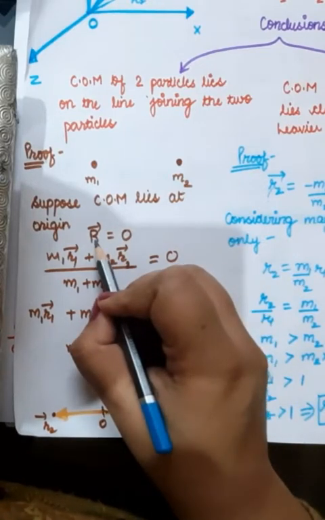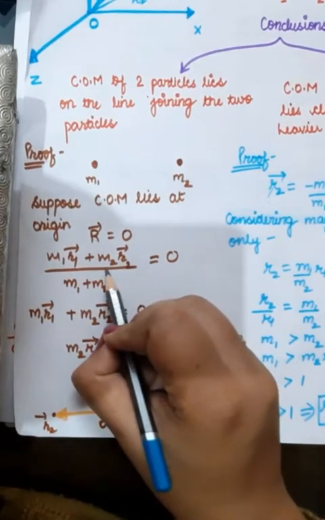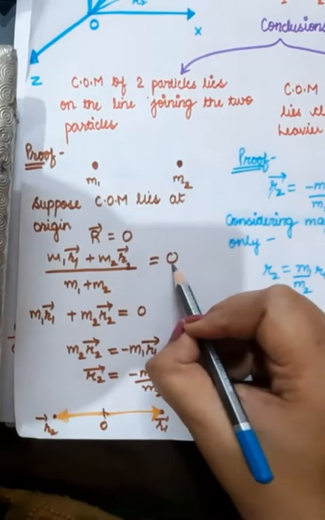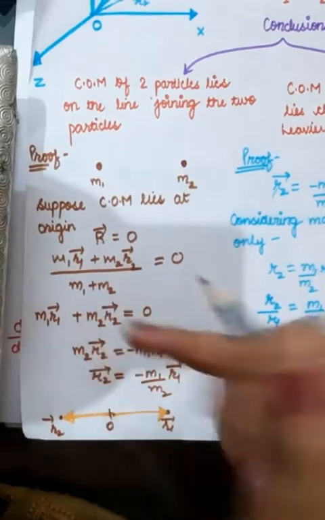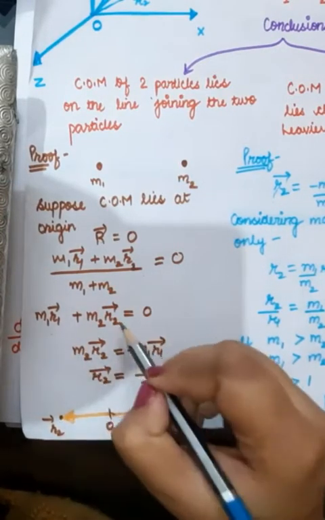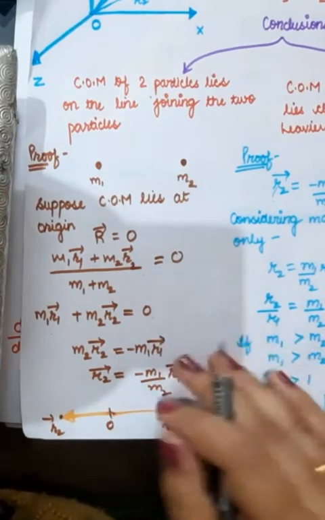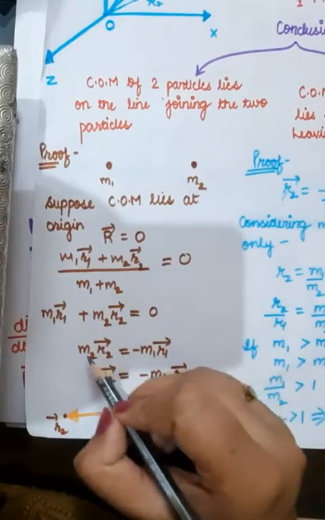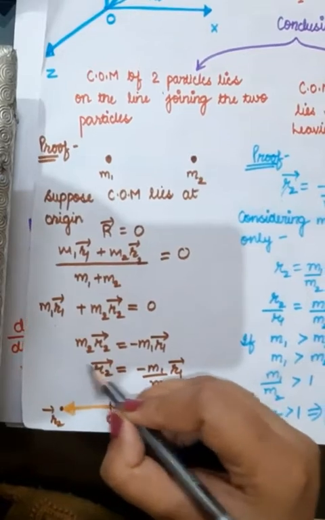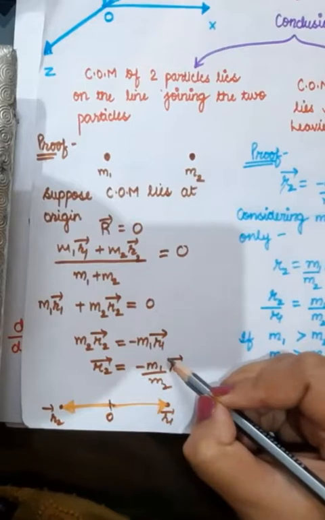Now what's the value of R vector? It's m1 r1 vector plus m2 r2 vector divided by m1 plus m2. So this goes to 0. If you take this to the other side, you're going to get m1 r1 vector plus m2 r2 vector equals 0, right? So after that, take one of these terms to the other side and you're going to get m2 r2 vector equals minus m1 r1 vector.